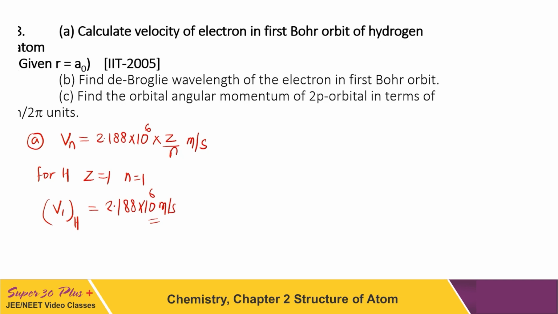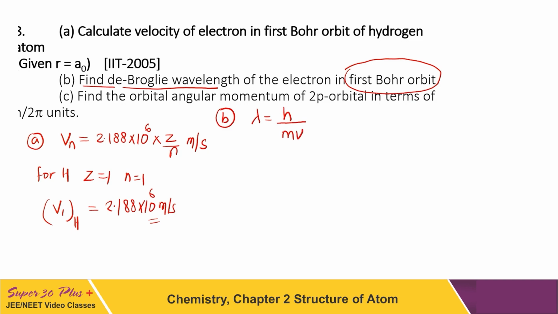Now what does the second question say? It says find out the de Broglie wavelength of the electron in the first Bohr orbit. For the solution of question number 2, we know that de Broglie wavelength lambda can be calculated by using the formula h/mv.